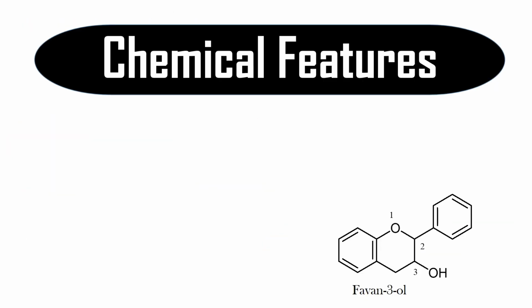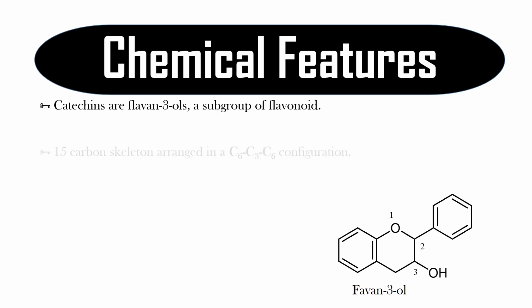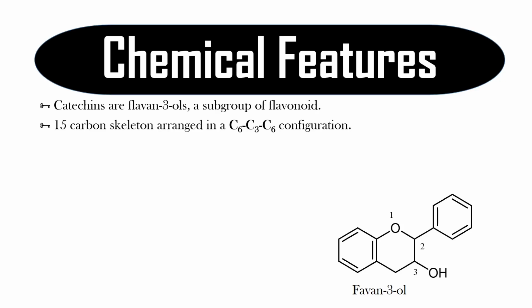Chemical feature of catechin. As discussed, catechins are flavan-3-ols, meaning a group of flavonoids. If it is a flavonoid, it means it consists of a 15 carbon skeleton arranged in C6, C3, C6 configuration.